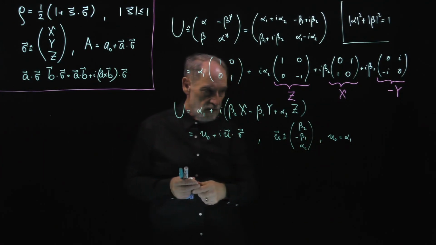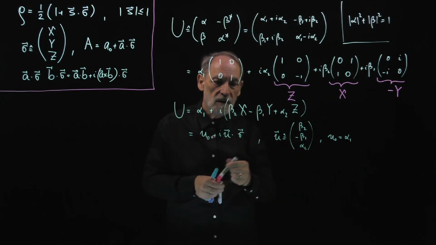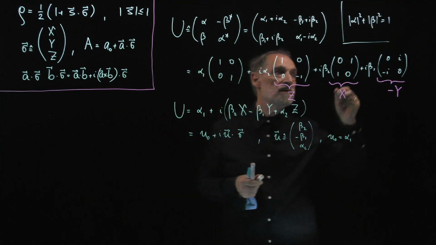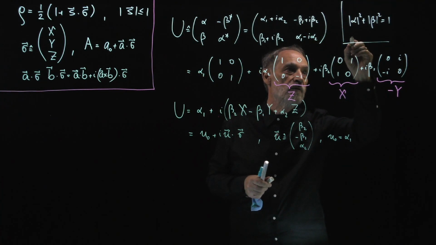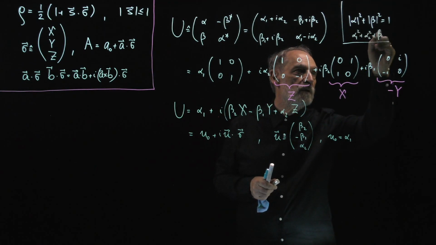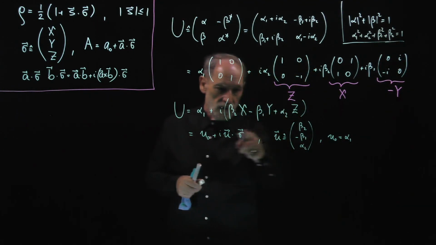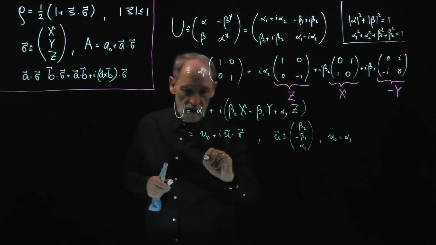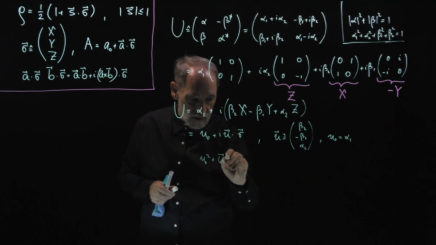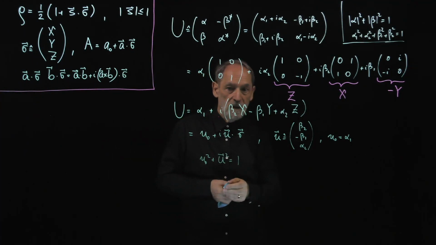So if I write that condition out in terms of the alpha 1s and beta 1s and these real ingredients, then I have alpha 1 squared plus alpha 2 squared plus beta 1 squared plus beta 2 squared equals 1. And now if you look here, this just says that U0 squared plus the length of the U vector squared has to add up to 1.